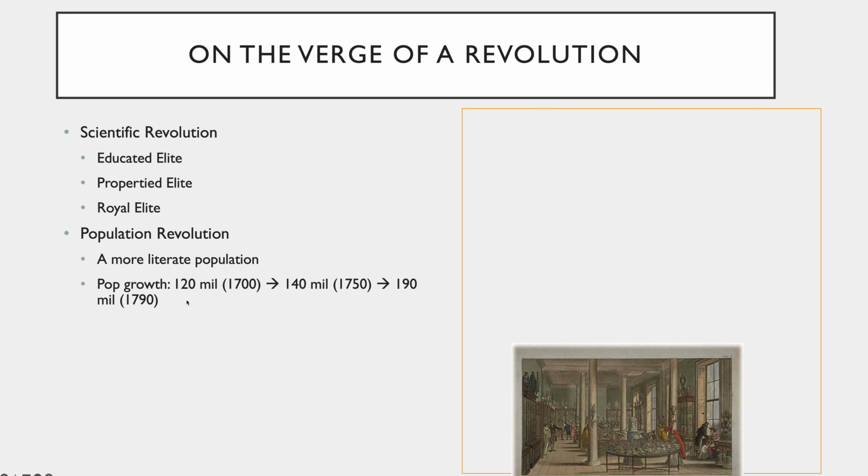And just to give you some specific numbers, in most places it nearly doubled. In England, the population went from 5 million to 9 million in the 18th century, in the 1700s. So it just shows you how quickly population was growing.